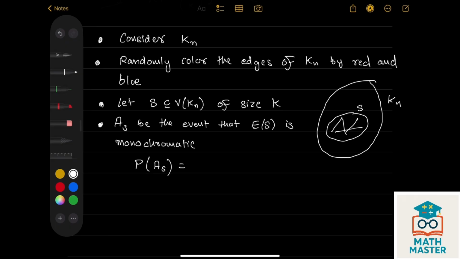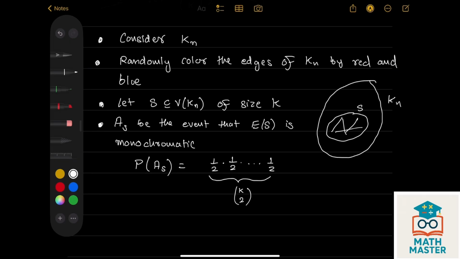You can easily tell that, suppose all the edges in S are colored red. Since each edge is colored with either red or blue, there is half probability that it is colored red. For each edge we have half probability, so by the rule of multiplication, how many edges are there in S? Since S has cardinality k, the number of edges in S is k choose 2.